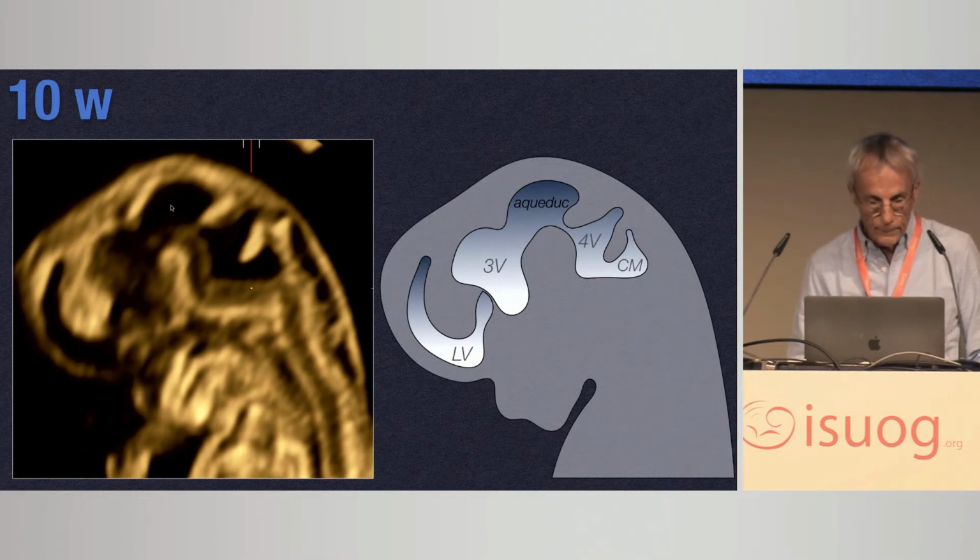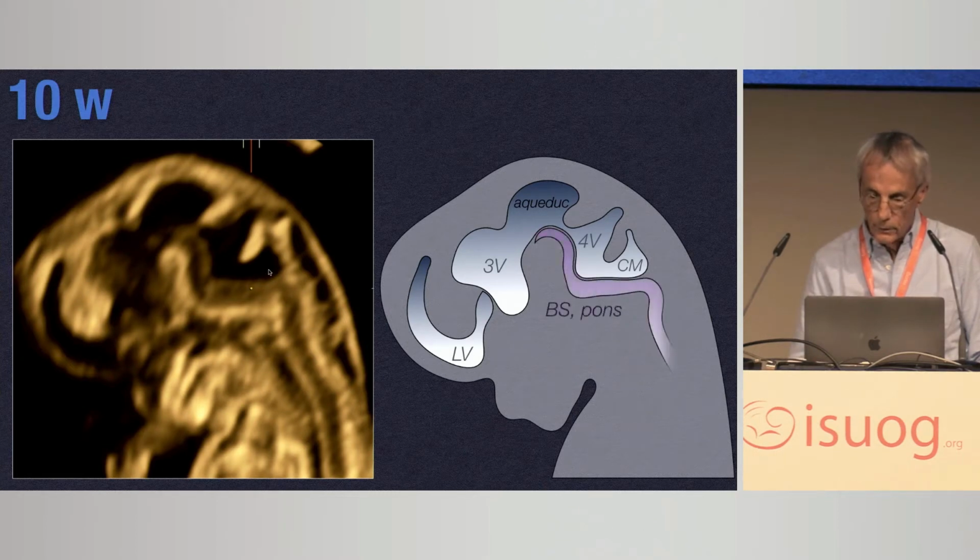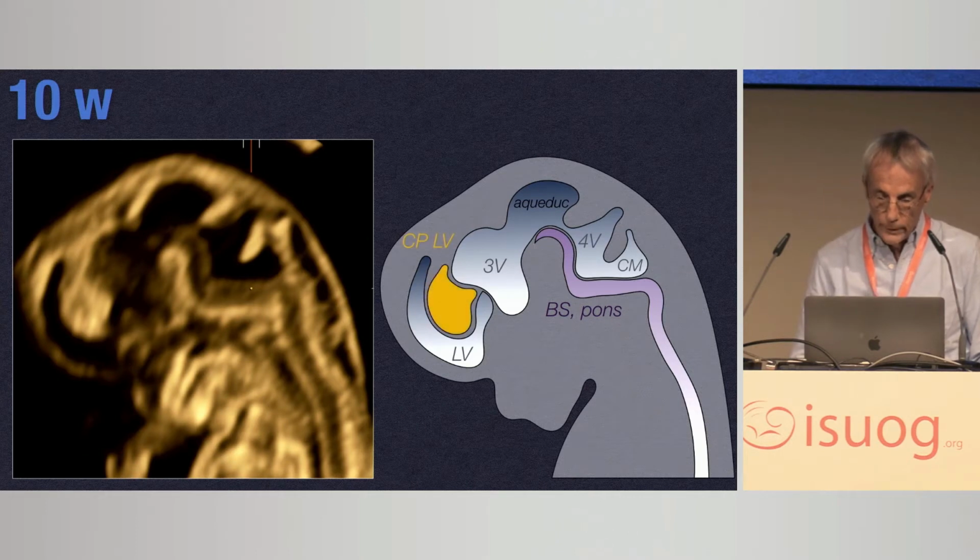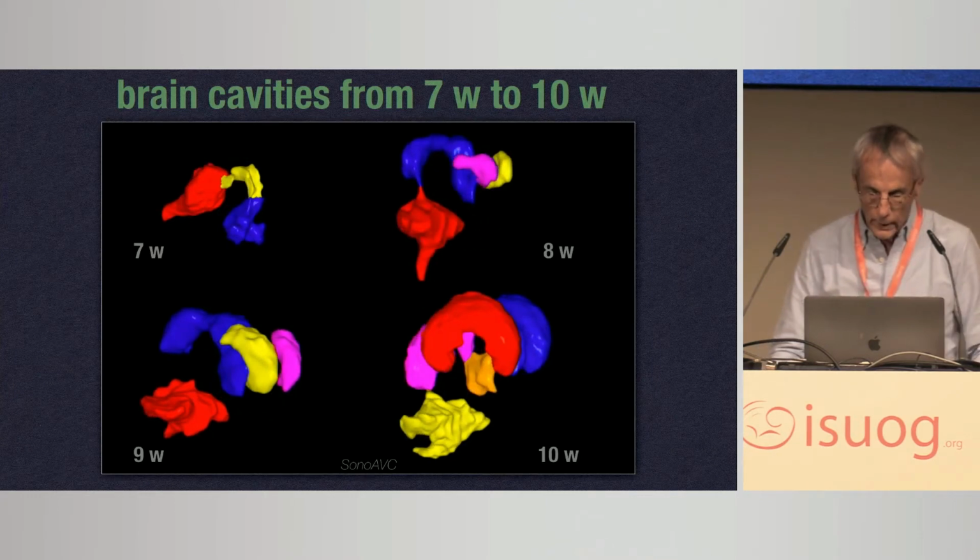This is the mesencephalic aqueduct, and this is the upper part of the rhombencephalon, but now it will give the fourth ventricle, and this is the cisterna magna, and you can see the brainstem and the flexure of the pons, the choroid plexus of the lateral ventricle, the choroid plexus of the fourth ventricle, and this is a part where the cerebellum will develop.